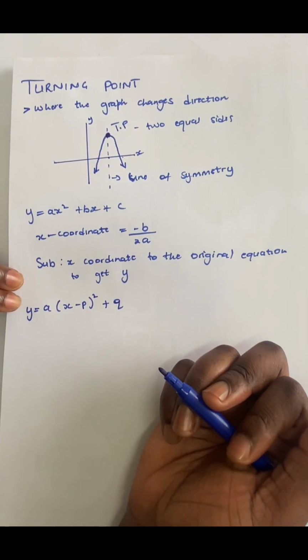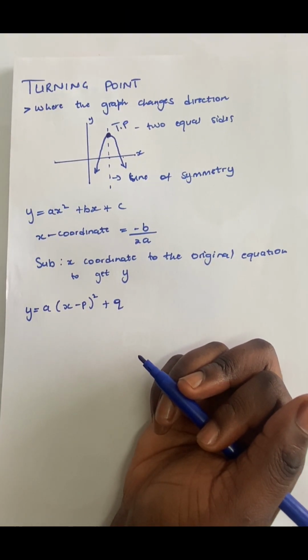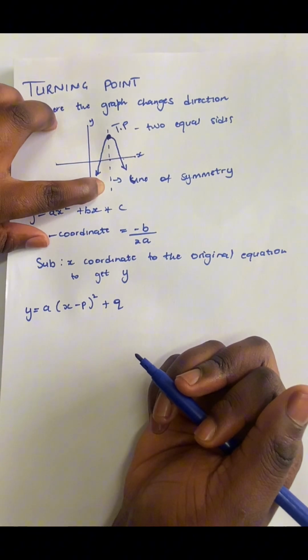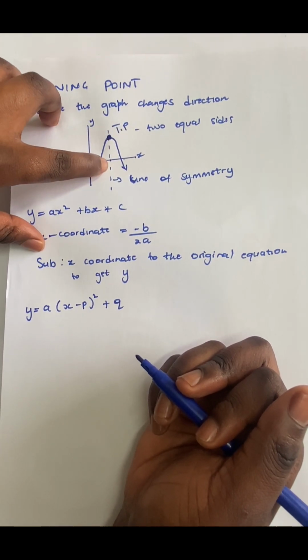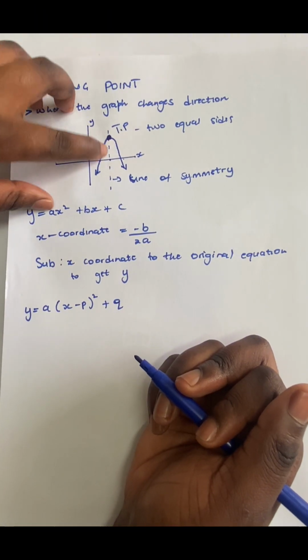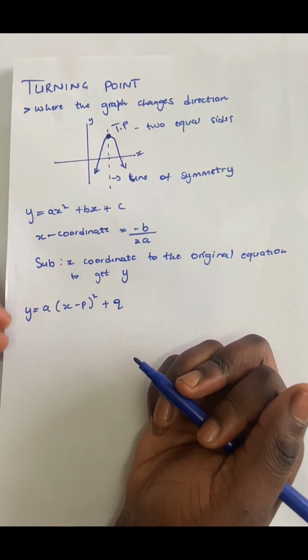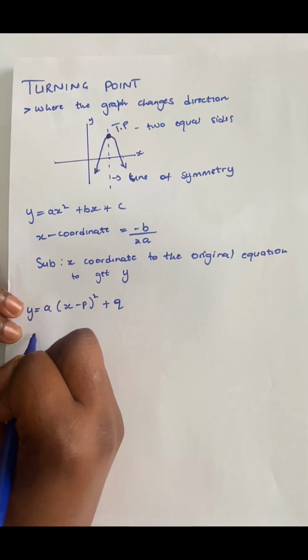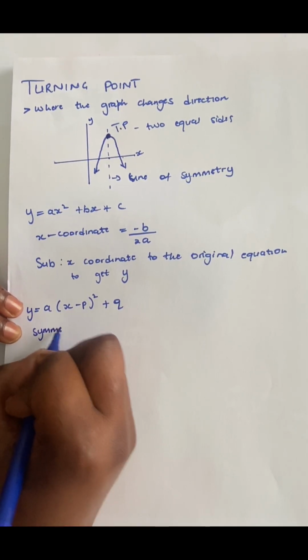All right, now I will need your clear attention. So remember, I said that this is a line of symmetry. It cuts your graph at x-axis, through the turning point. So here is your formula of line of symmetry.